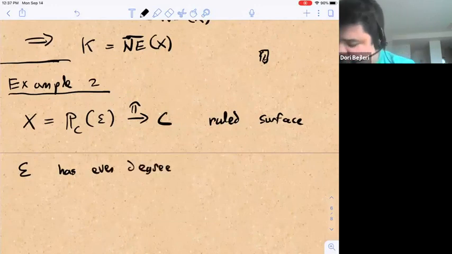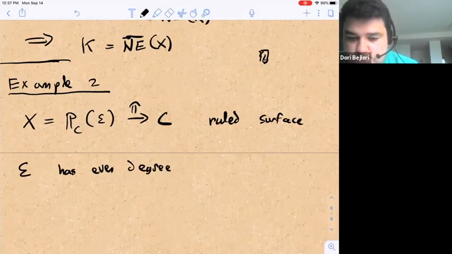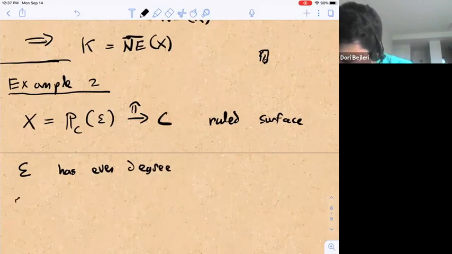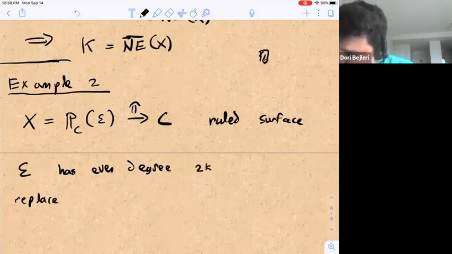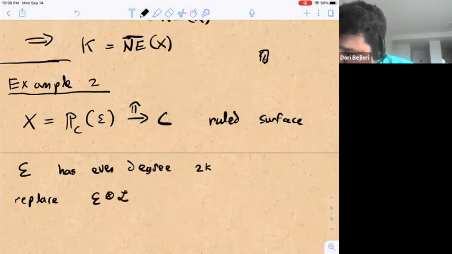Well, so if we have an E with even degree, we can replace it. Let's say even degree 2K. Then we can replace it with E tensor L, where L is some line bundle with degree minus K.